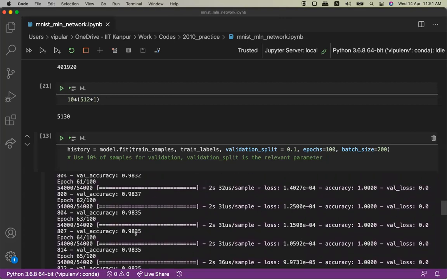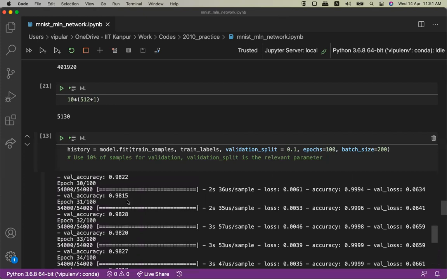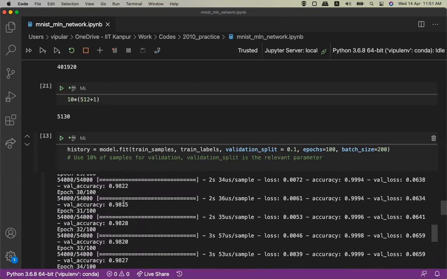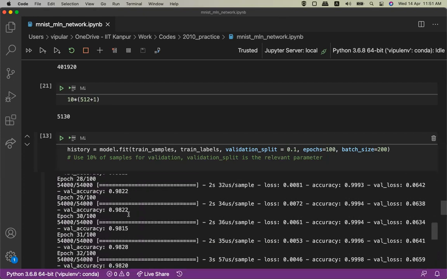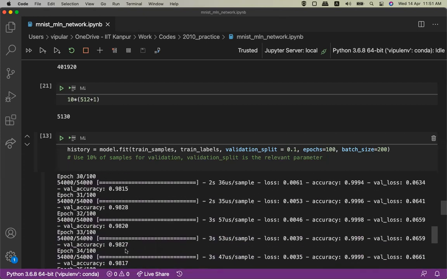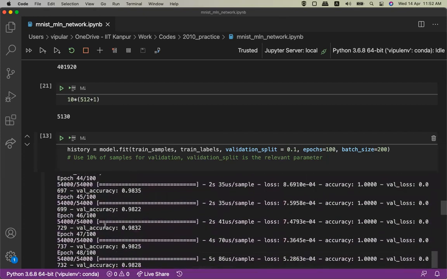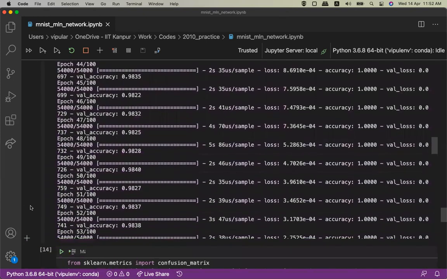Why did I say 10? Because it is possible, like you saw in the beginning, that at some point accuracy dropped a bit, not at the best point, but just because of randomness, and then it improved much better. So you wait for at least 10 epochs, and if you don't see any improvement, only then you stop.